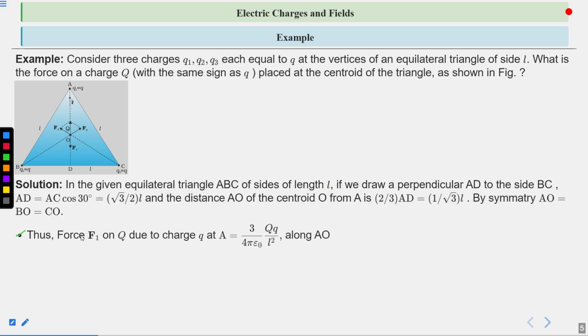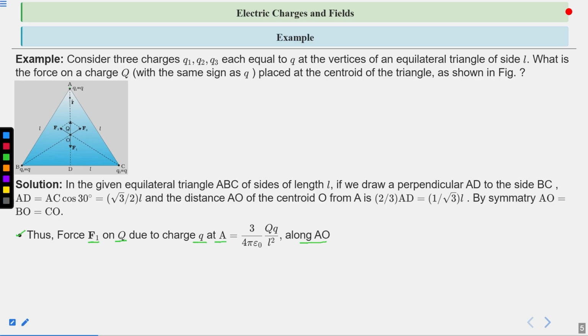Thus, force F1 on charge Q, which is placed at the centroid, due to charge q at A. Charge q is placed at point A, and similarly other charges are placed at different positions. So it will be 3 divided by 4 pi epsilon naught, Qq divided by L square along AO.